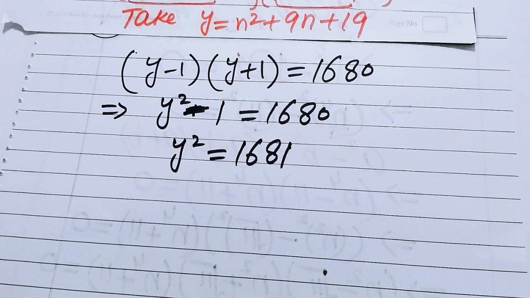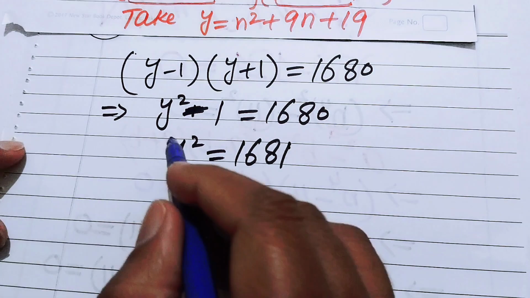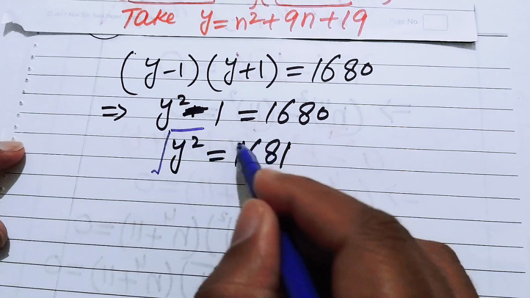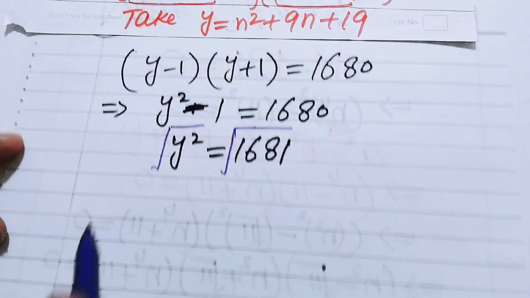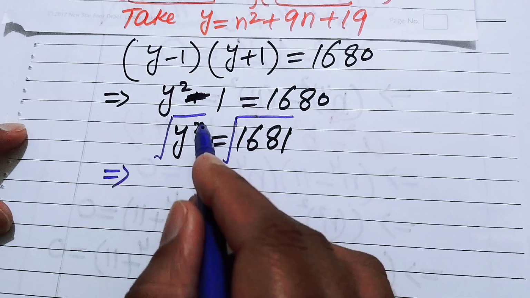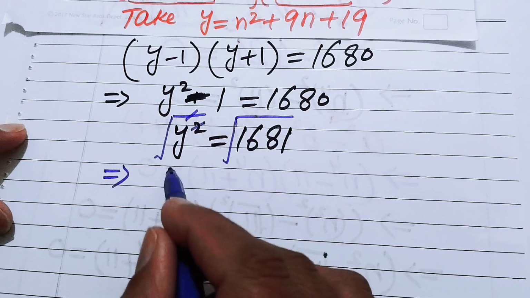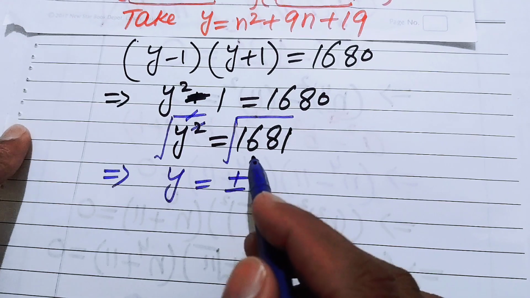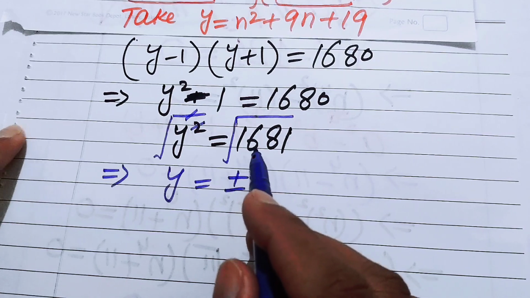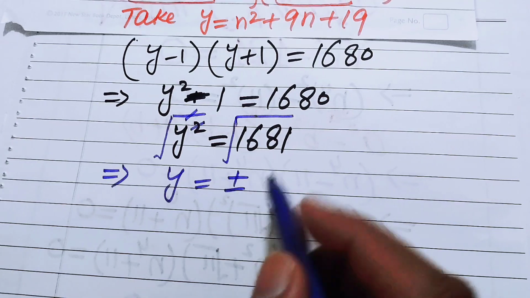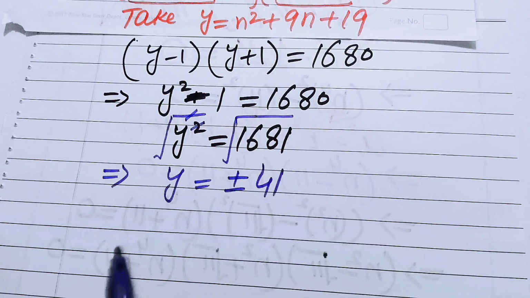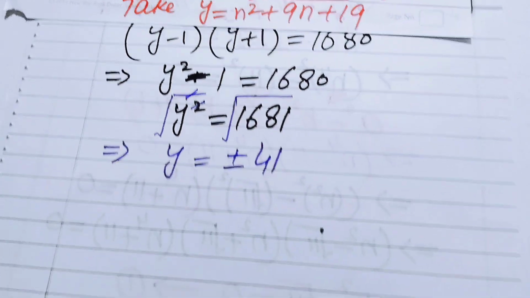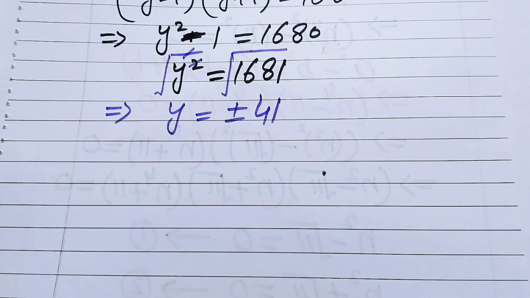So in order to find the value of n, we need to take the square root on both sides. When you take the square root on both sides, the left hand side becomes y, and we get y equals plus minus the square root of 1681, which equals 41. So here we have two cases.